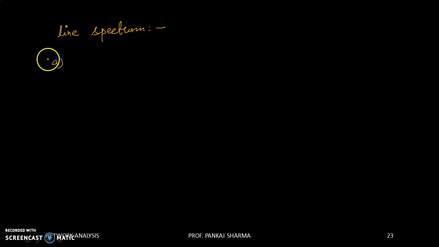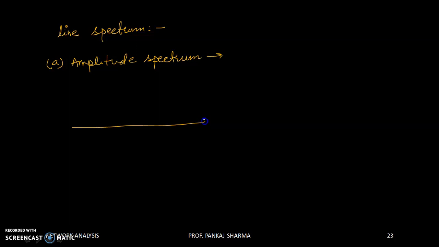The first part is amplitude spectrum. Amplitude spectrum, that is, this is your N. This is K1 by 2.